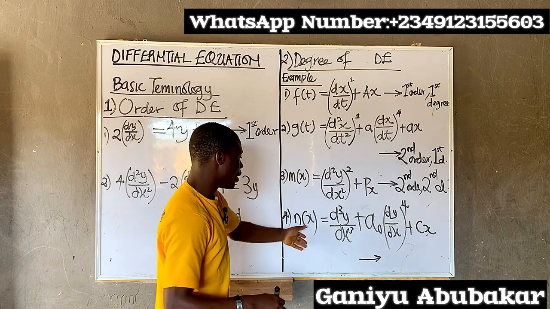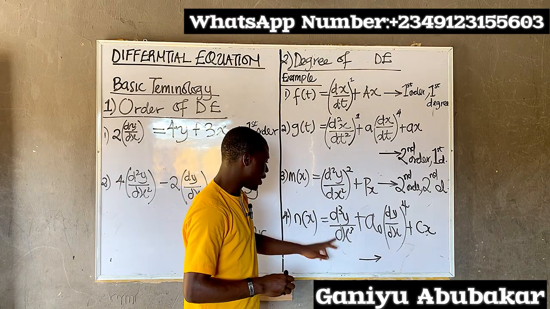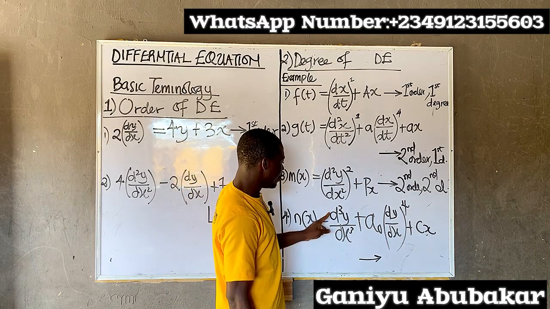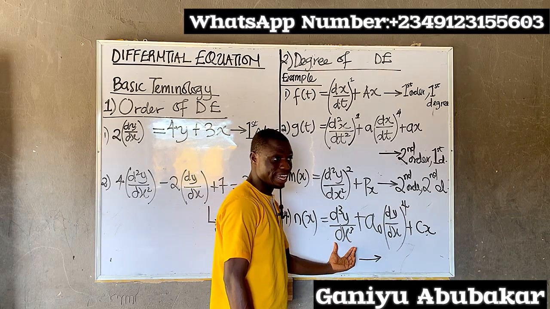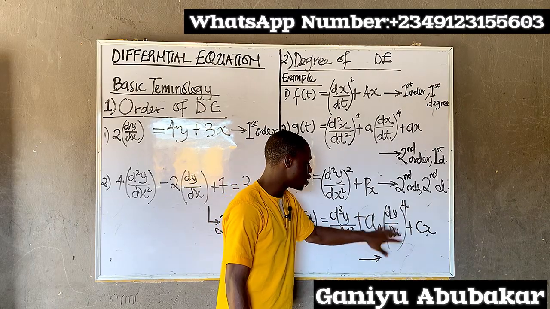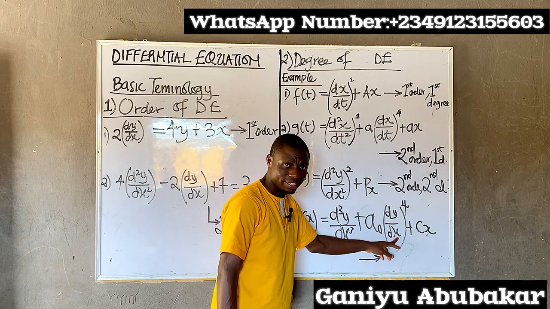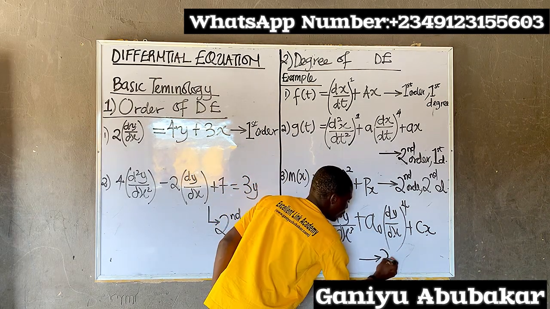Finally, let's get this one here. Let's get order and degree. For this case here, the order is simply given by d cubed y over dx cubed. Why? Because it's simply the highest here. I have dy over dx, but this is not the highest. I still have the cube. This is the highest, so this is third order.